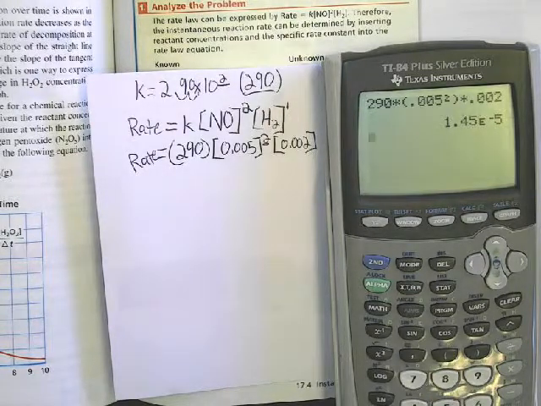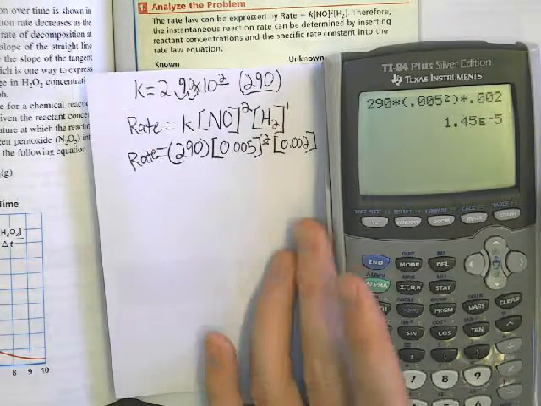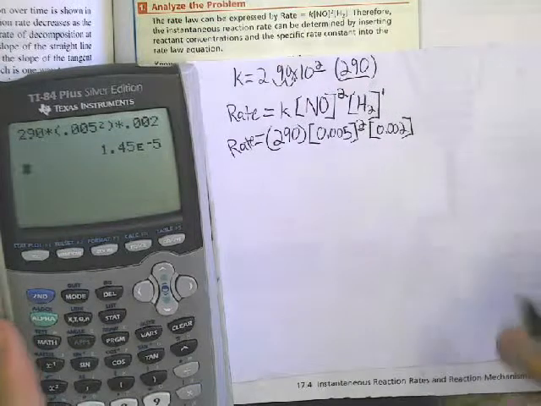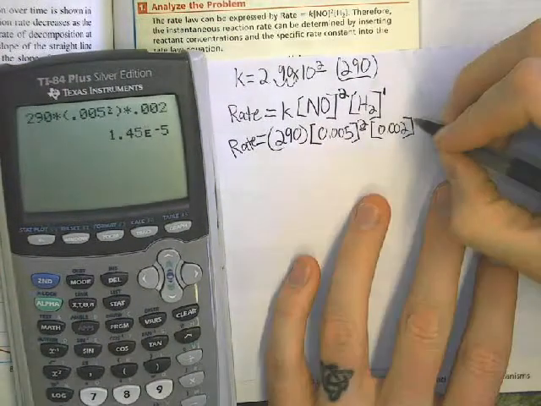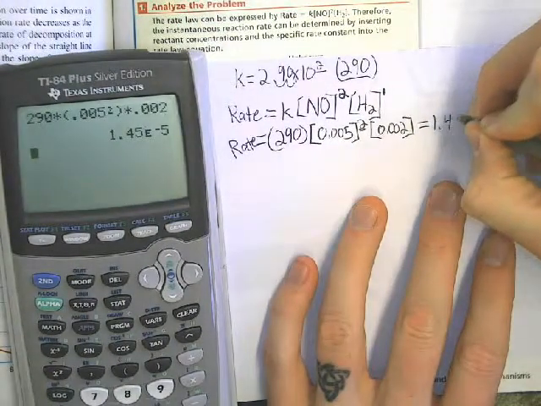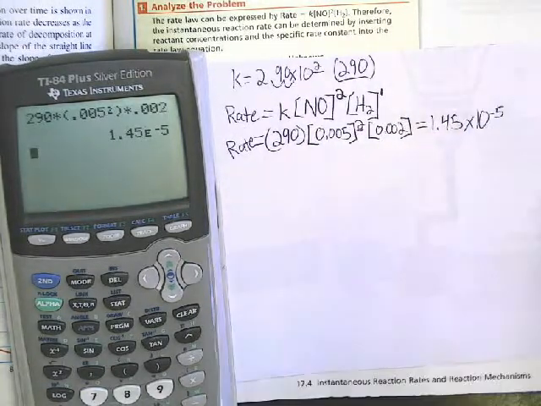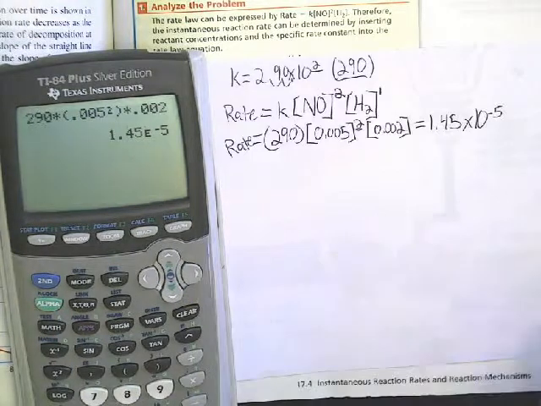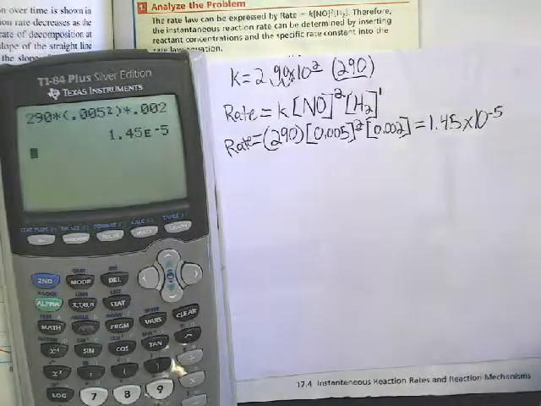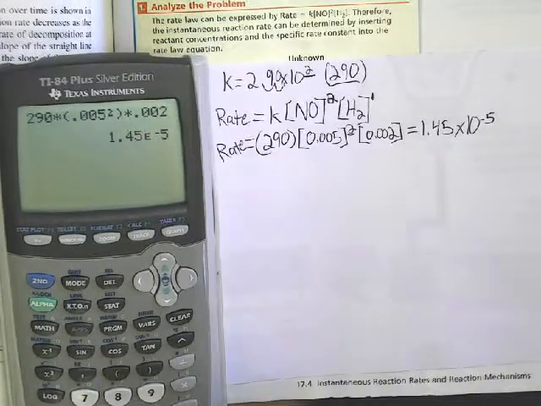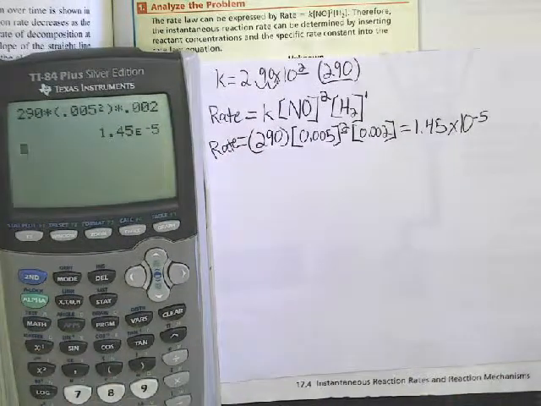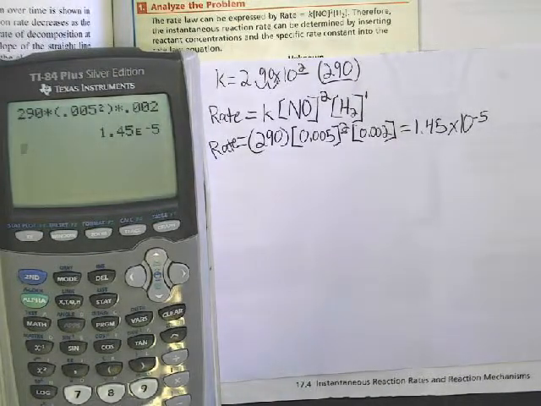So your answer should look something like this. Okay, now let's think about units. What are my units going to be? Well, we're talking about rate, right? So it's got to be something per, exactly, right?